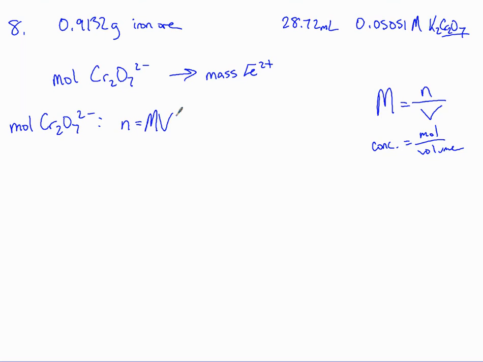I multiply both sides by V. This is basically what's going on. Here we have a concentration and the volume of this ion, which means we can figure out moles.